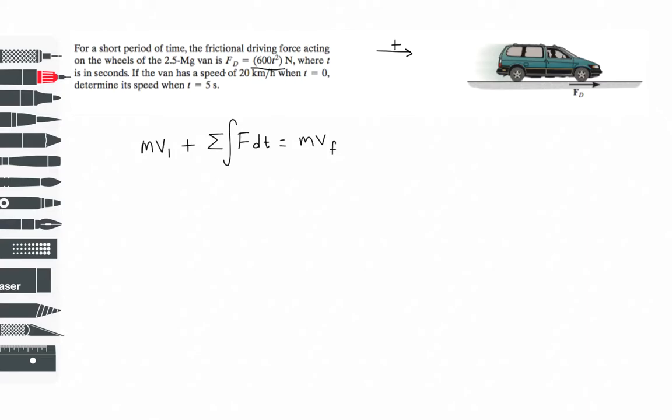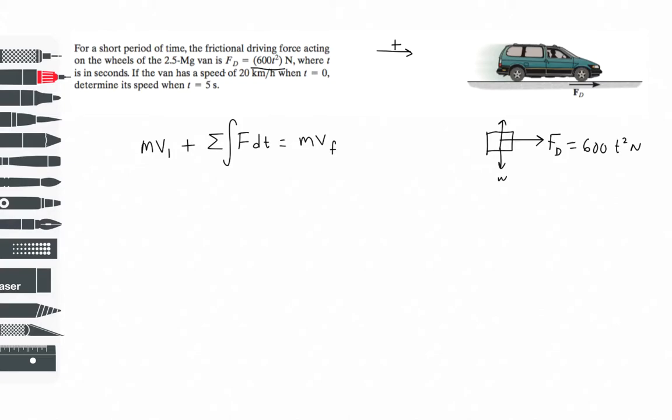If we draw a free body diagram of the van, we have the normal force and the weight, and it seems like they're neglecting friction. So the only force in the x direction is that driving force, F sub d, and that force is 600 t squared newtons.